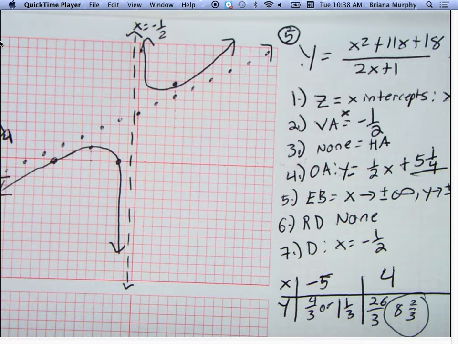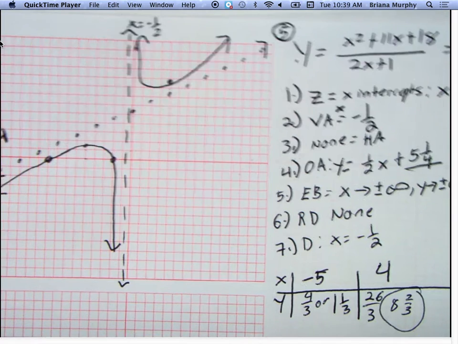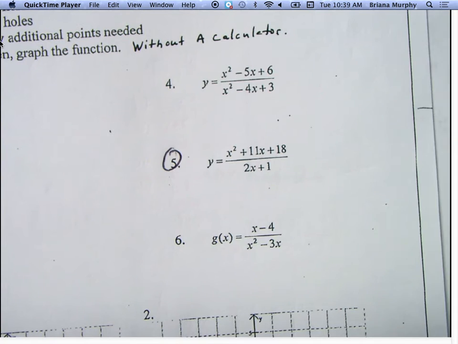Okay. I say we try one more of these. Because you're going to do others for homework, I want to do another one. All right, let's try 6. We're going to do number 6.